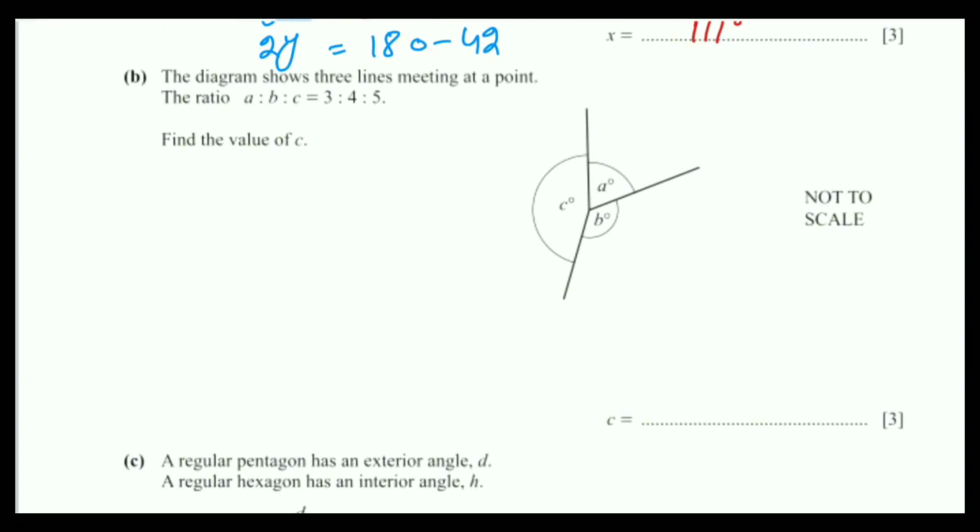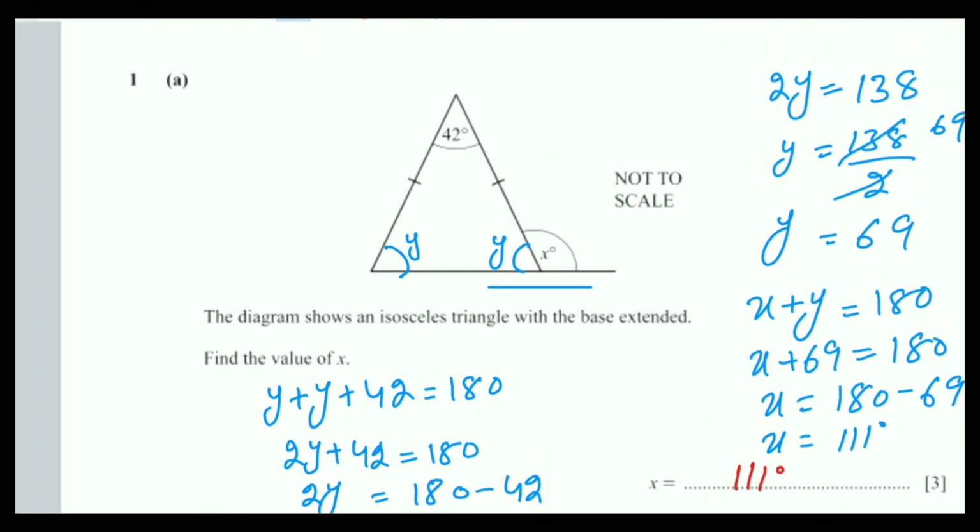The diagram shows three lines meeting at a point. So as you know, angles on a point will be equal to 360. Angles on a point property will be used here. So two properties are used here: angle sum of a triangle, which is equal to 180, and angles on a straight line, which is equal to 180 degrees.